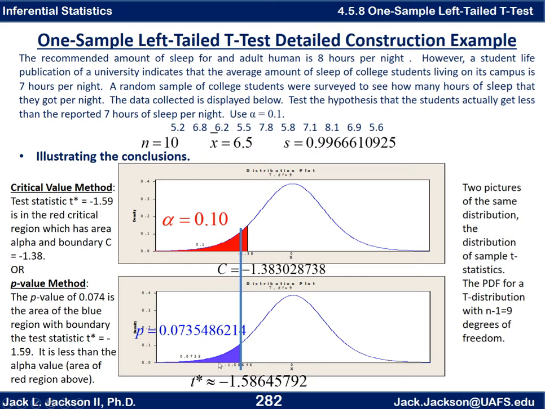So this blue area is smaller than the red one. So this blue area down here at the bottom is the p-value. The red one up here on the top is the alpha value. And so anytime you get p less than alpha, that's when you reject the null hypothesis. So you can see the pictures there.